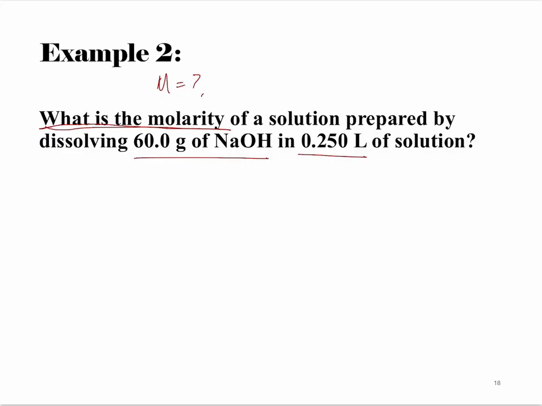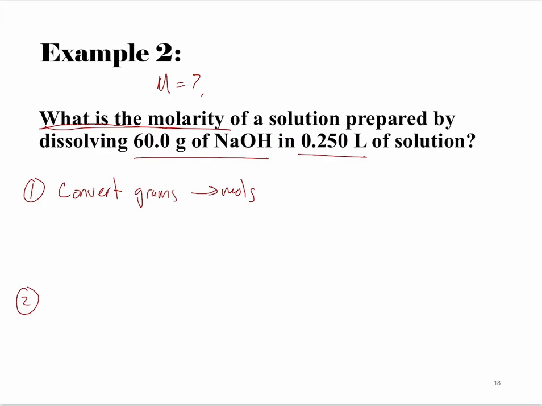So what do you guys think the first step is going to be? Convert grams to moles, right? Because the concentration is given in units of moles. Convert grams to moles. And then the second step is going to be what?